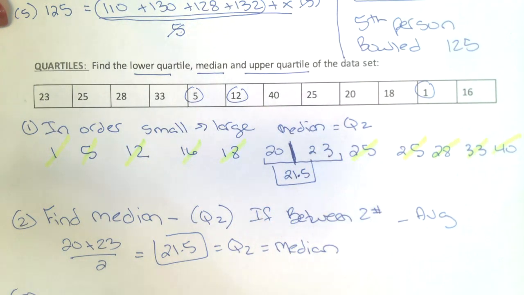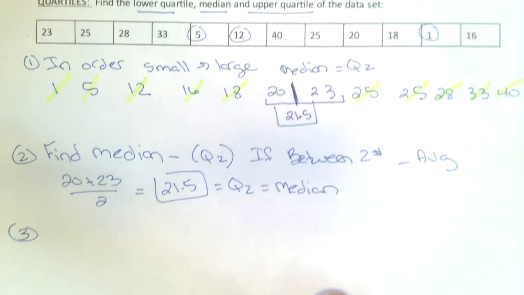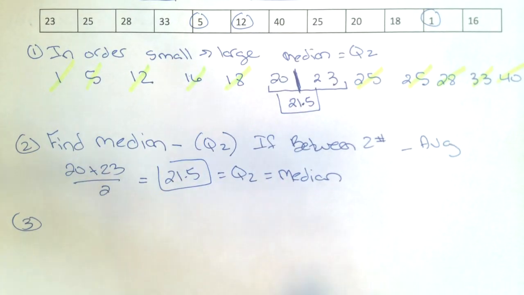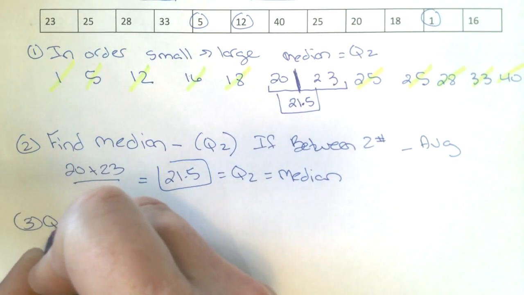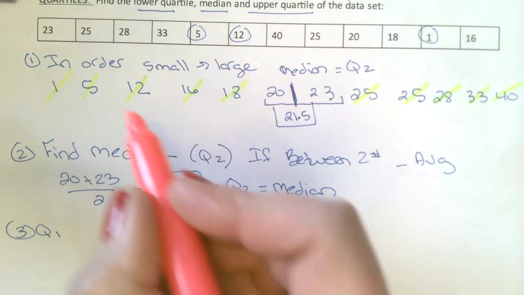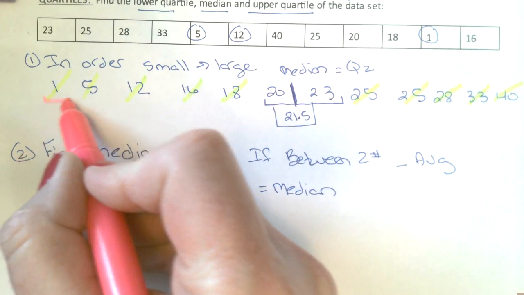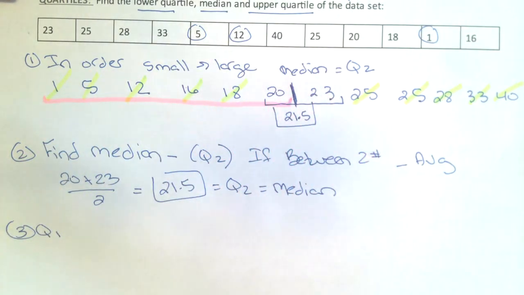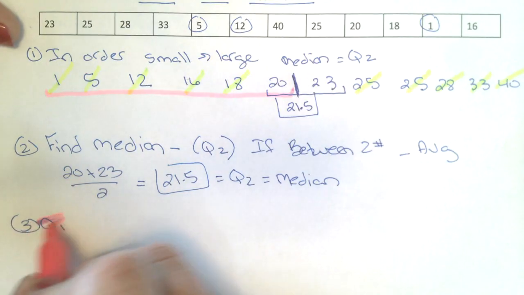All right, so step 3, I'm going to find Q1. So when I find Q1, I'm basically finding the median of this half right here.